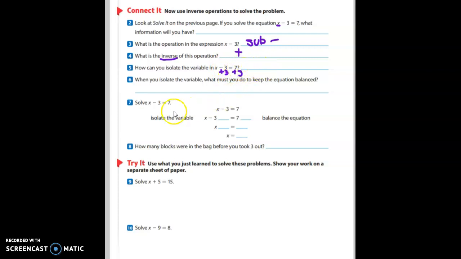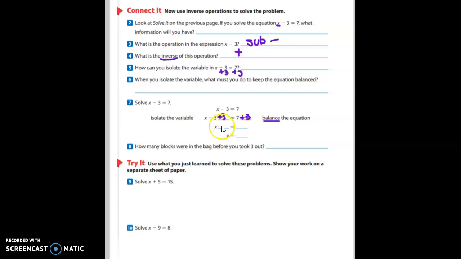Okay. So solve x minus 3 equals 7. So isolate the variable. This means that we do the inverse operation. So we're adding 3 here. We're adding 3 here as well because we also have to balance the equation, which means that we have to do the same thing to both sides. So now we have x is by itself.